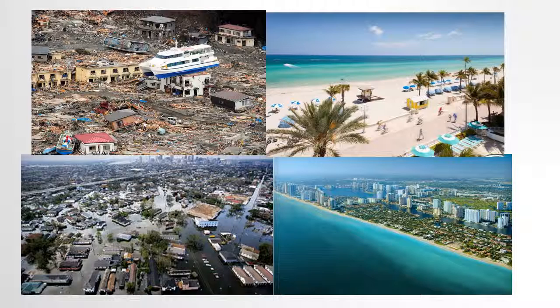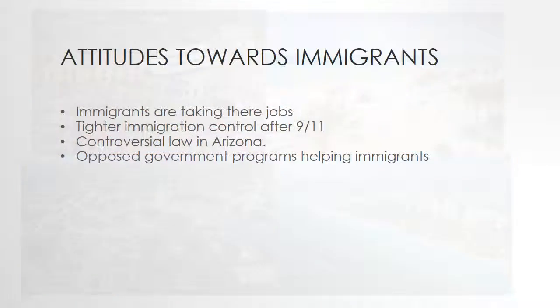And the right side of the picture shows how the location might attract people from places where it's cold and not sunny. And this is attitudes towards immigrants.